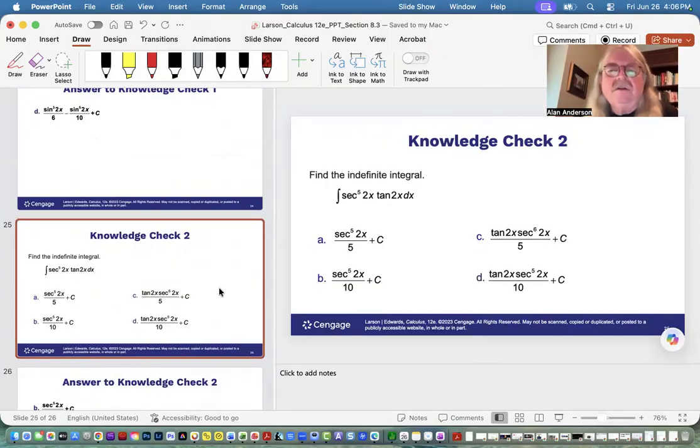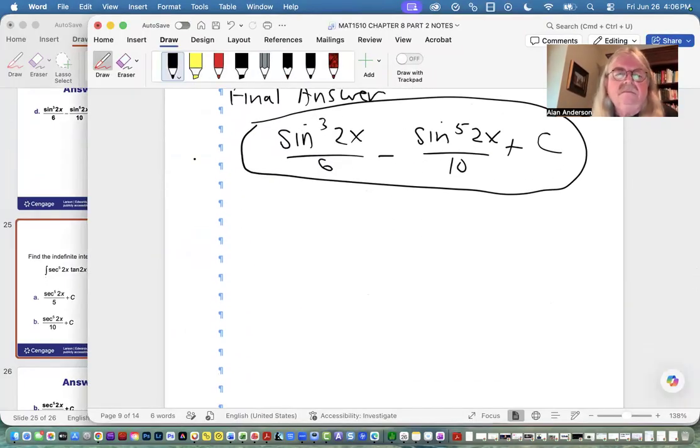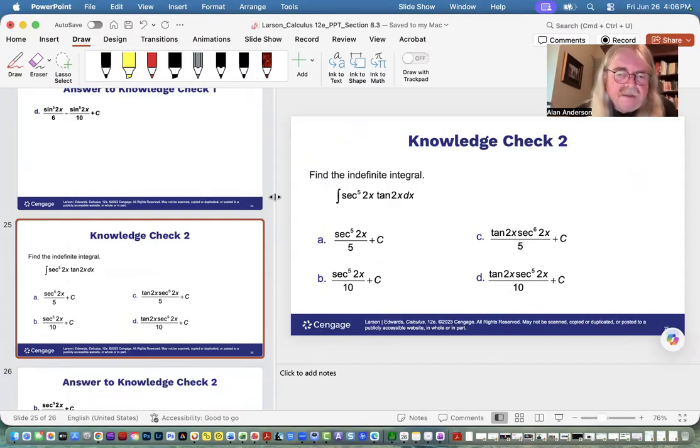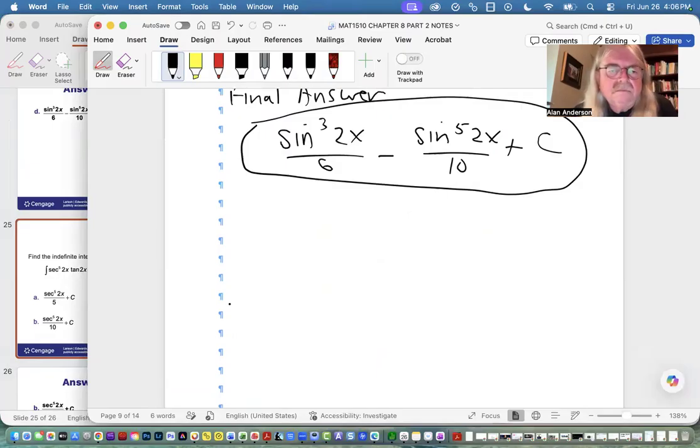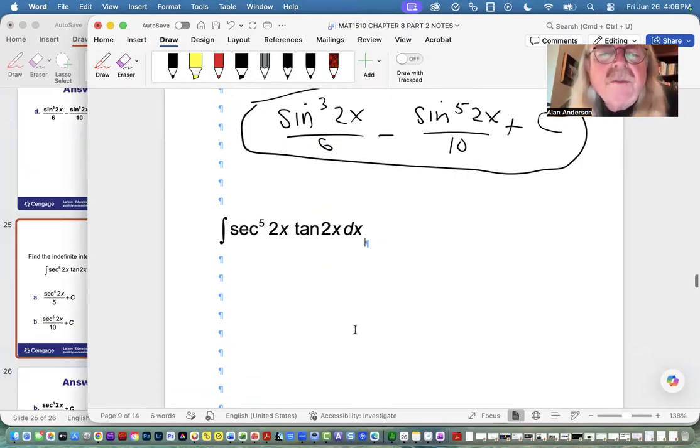Now, this one obviously goes back to our secants and tangents. All right, so let's go back and revisit our rules.